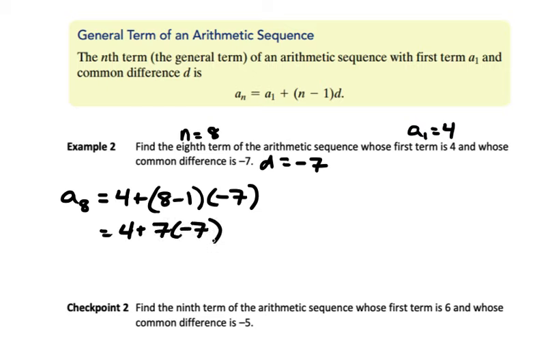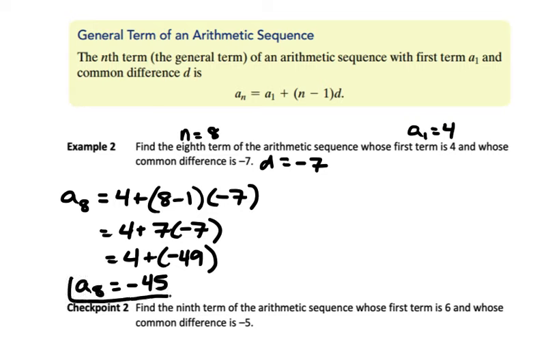Then I multiply 7 by negative 7. Make sure that you do the correct order of operations. That's negative 49. And negative 49 plus 4 is negative 45. So a sub 8, the 8th term of the sequence, is negative 45.